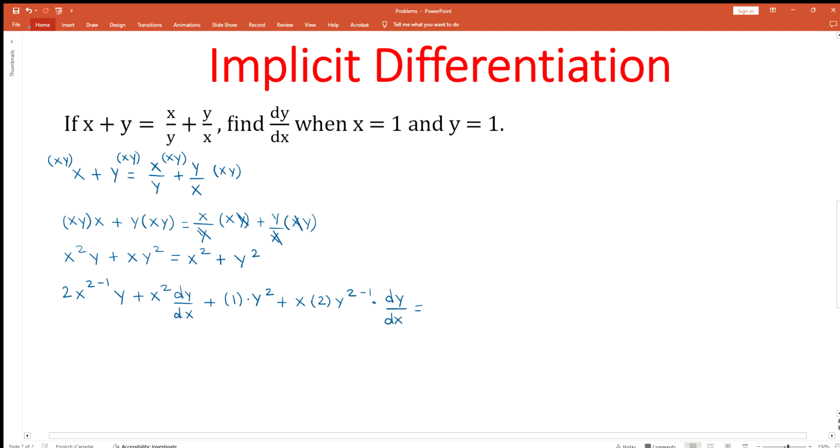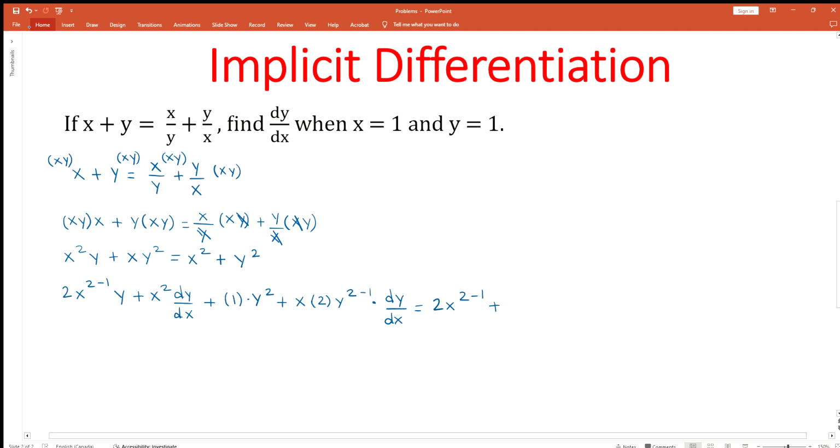The derivative of x squared with respect to x is 2x. We have to use power rule. We move the exponent 2 to the front and subtract 1 from 2. We can find the derivative of y squared using chain rule. The inner function is y, the outer function is exponent 2.